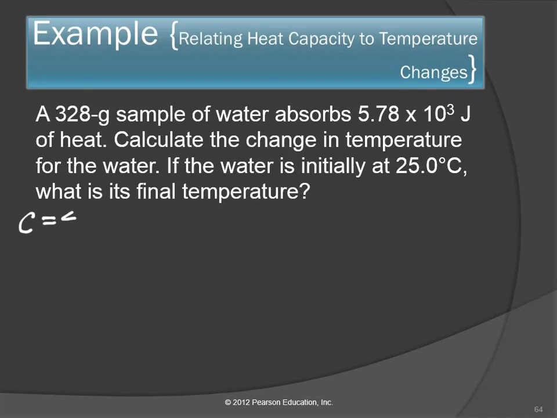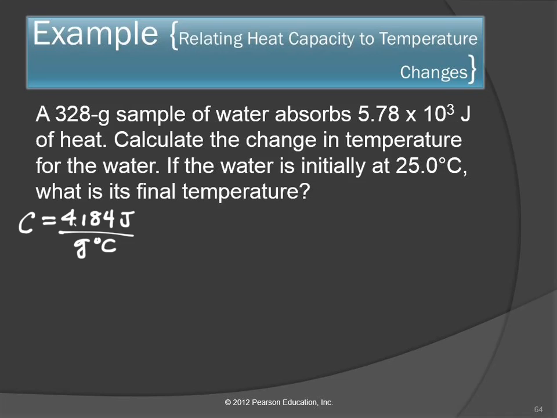C equals 4.184 joules per gram degree Celsius. It says it absorbs 5.78 times 10 to the third joules of heat. So what letter does that have with it? Q, M, C, or delta T?